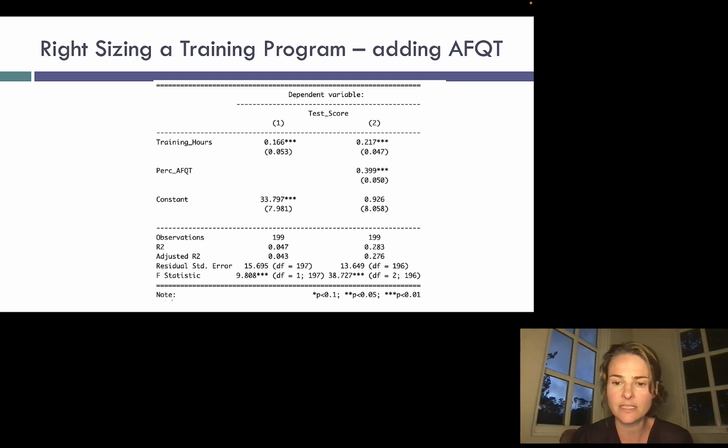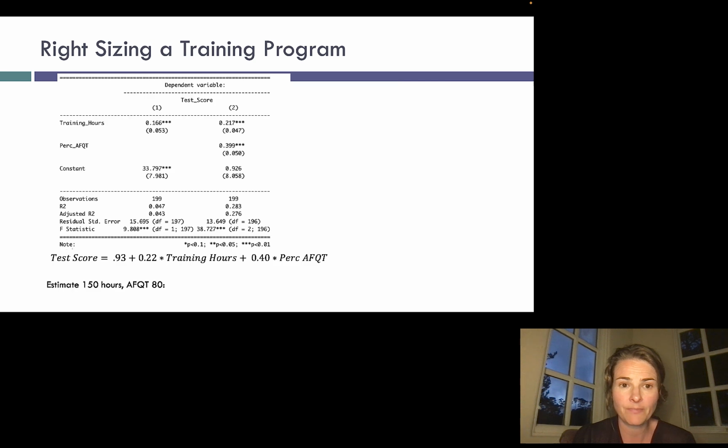Both are statistically significant at the 1% level. Some other things you might notice is that the adjusted R-squared at the bottom, which we talked about a little bit last week, has improved dramatically. So you went from explaining about 4% of the variation in test scores to about 27, 28% of the variation in test scores, looking at those adjusted R-squareds.